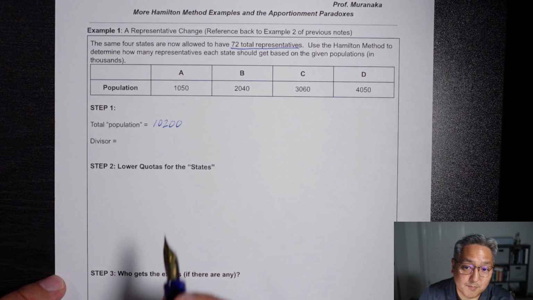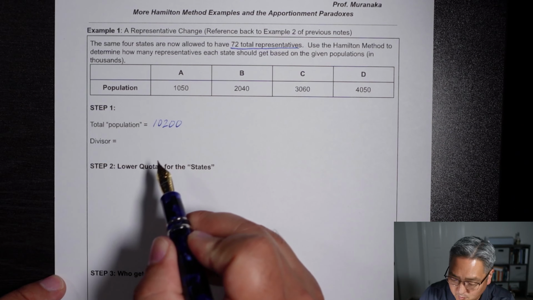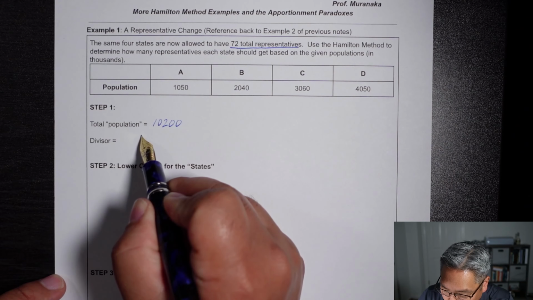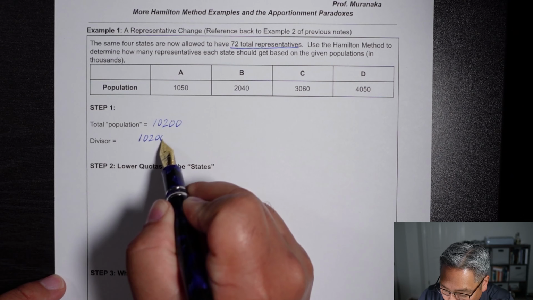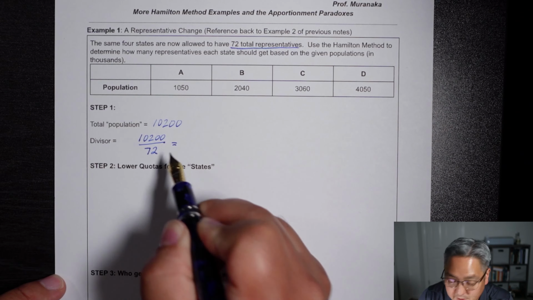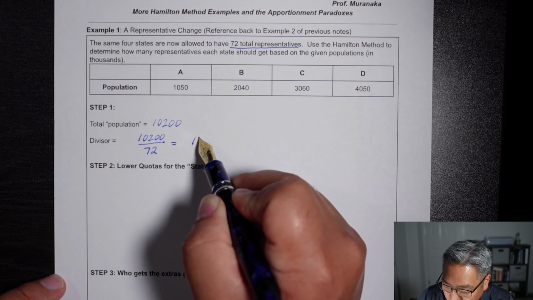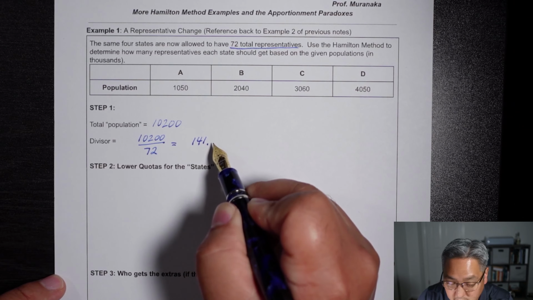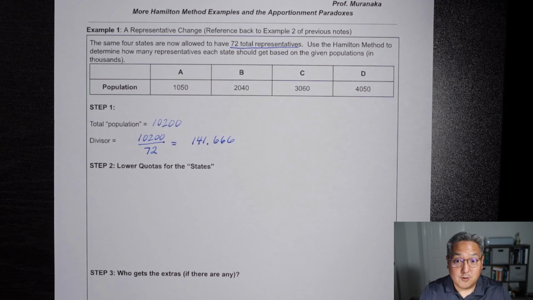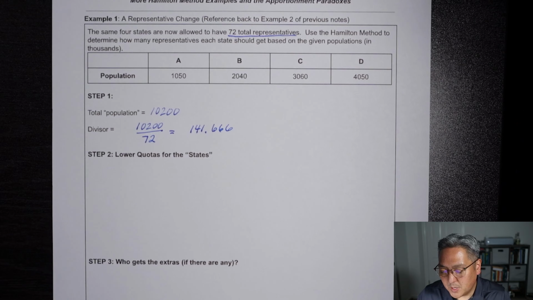Then we find our divisor by dividing the total population by the number of representatives, which is now 72, giving us 141.666. I have notes already here, so I'm just illustrating the process and not wasting your time pecking away at the calculator.